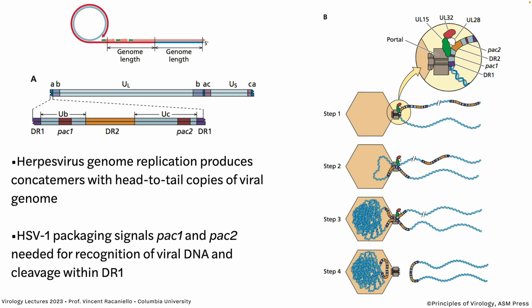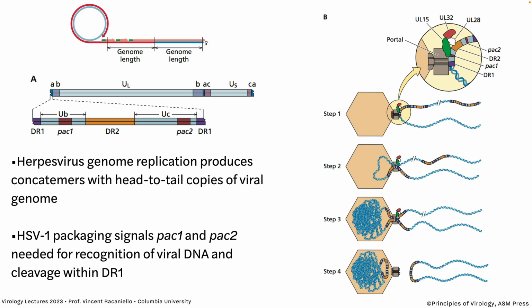That binds to the portal via PAC1 and PAC2. Step one. Then there's a motor associated with this portal. A motor meaning it can wind the DNA, it can pull the DNA into the capsid. So that's what's happening here now. The packaging signals have bound to the portal, and now the portal motor is pulling the DNA into the interior of the capsid.